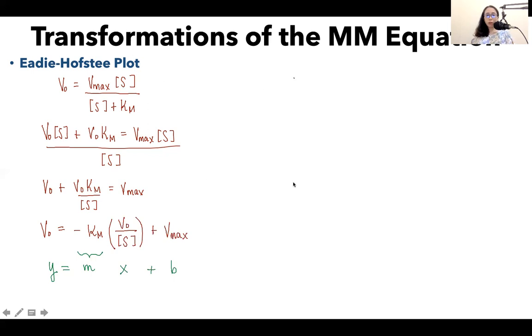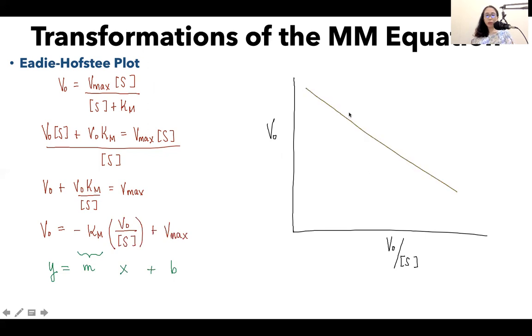If we plot initial velocity over substrate concentration on the x-axis and initial velocity on the y-axis, you will get a line with a negative slope. Your slope is equal to negative Km, and your y-intercept is equal to Vmax.